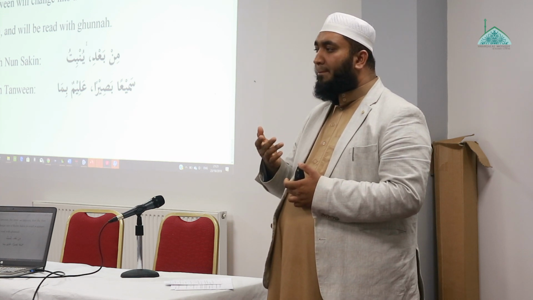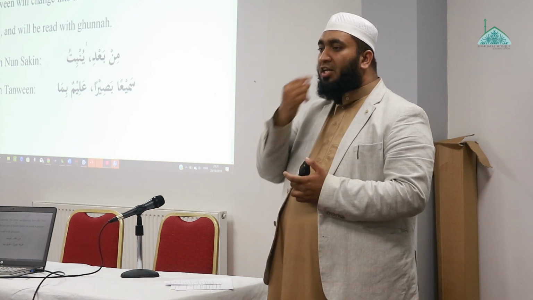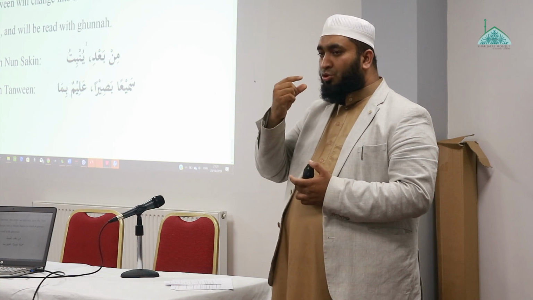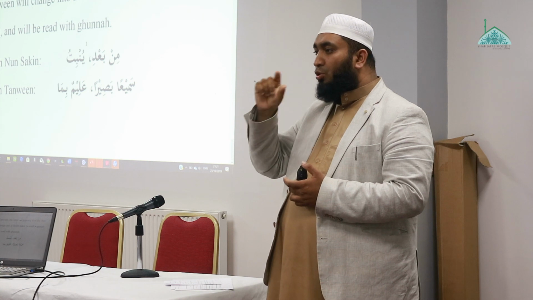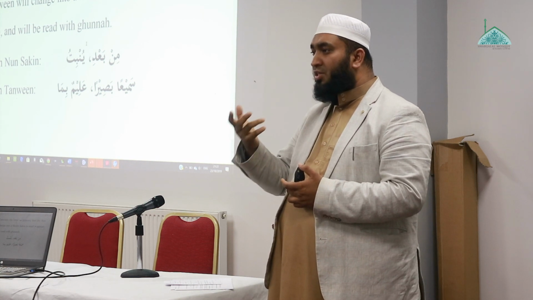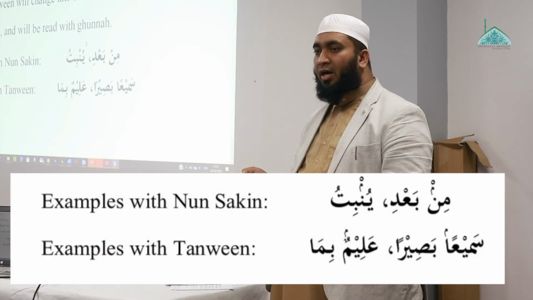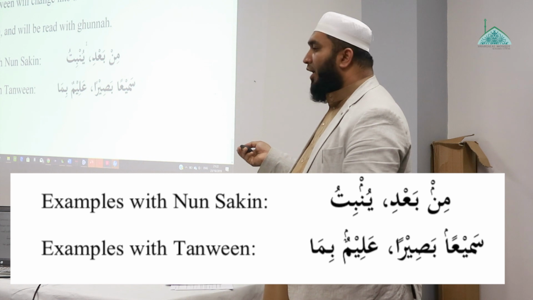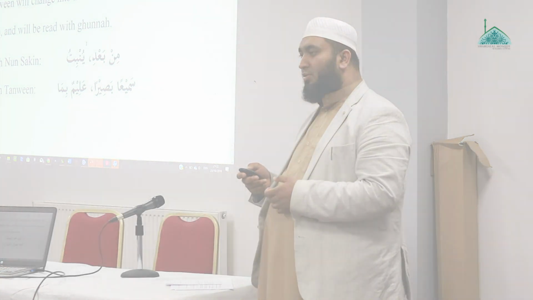So the wet part of both lips joining is ba, and joining the outer part of both lips is mim. So when you pronounce this, you say mim ba'du or yumbitu, sami'an basira, alimun bima.